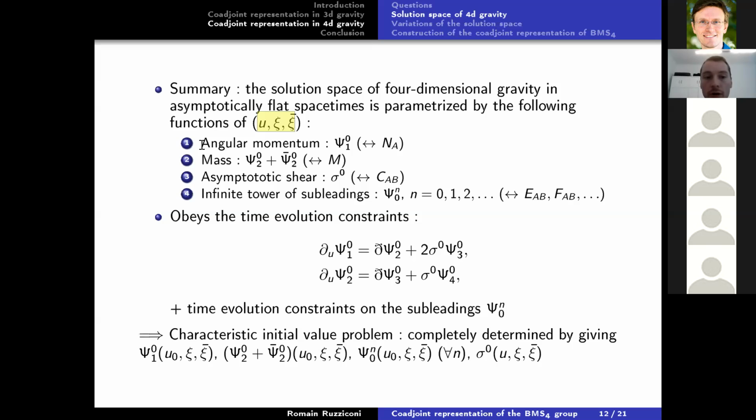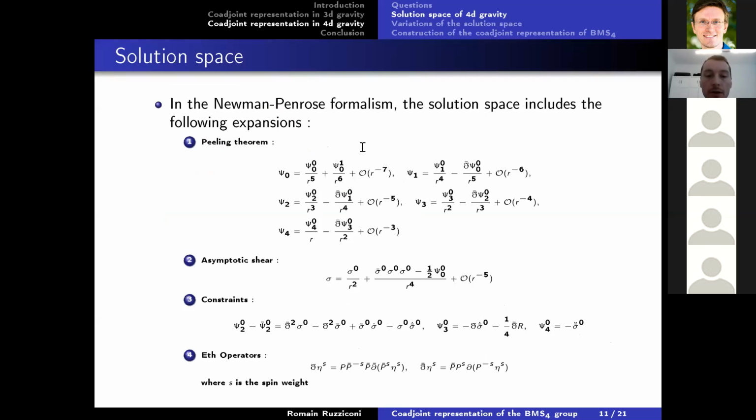So it's parameterized by the angular momentum, psi 1, the mass, which is the real part of psi 2, the asymptotic shear, sigma 0, and finally you also need an infinite tower of subleading terms, psi 0, which appears in this expansion of psi 0 here, to specify your solution.